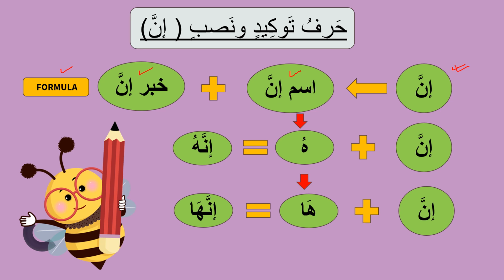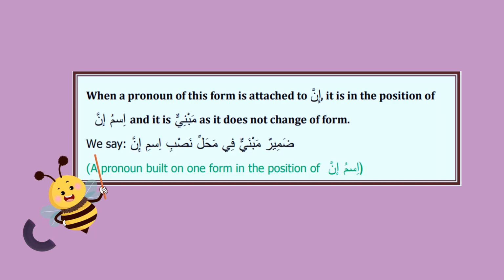So all the damirs that attach with inna like this fall in the position of ism inna. Any pronoun that attaches to inna in this position is ism inna, and it is mabni.